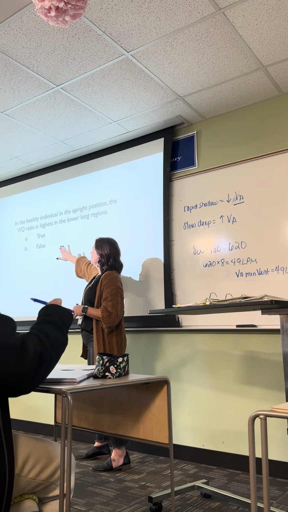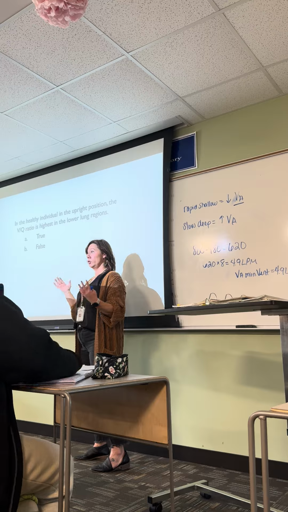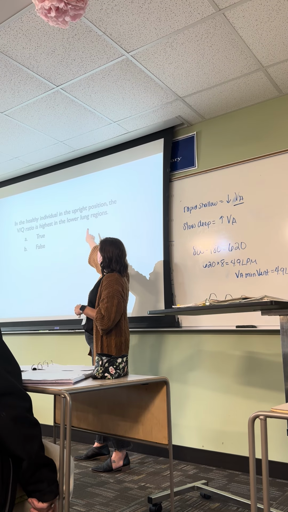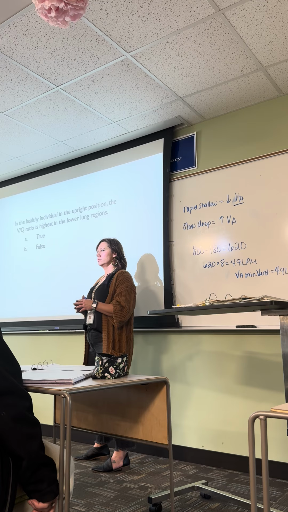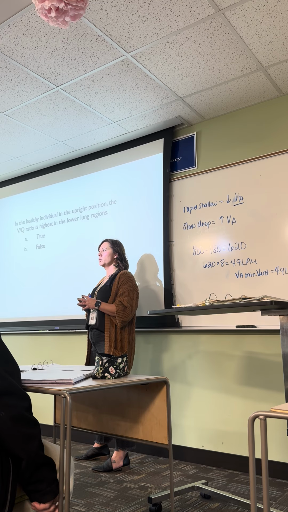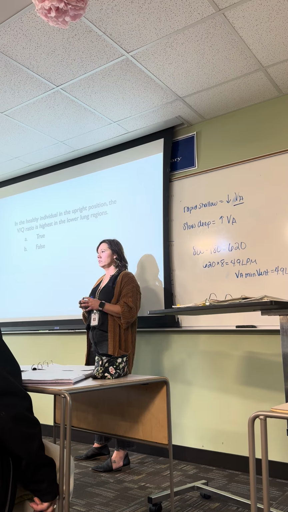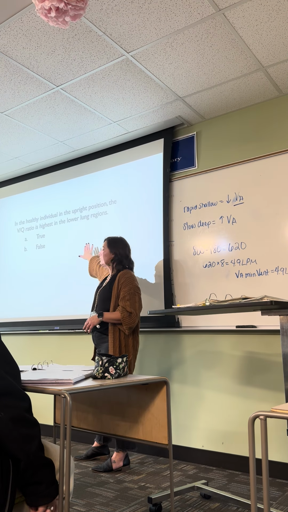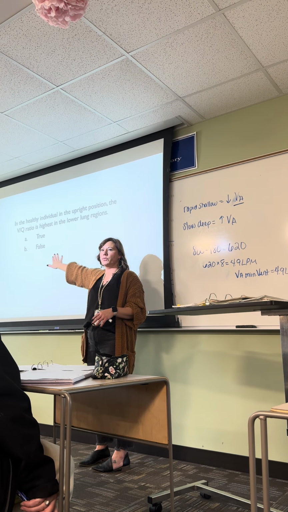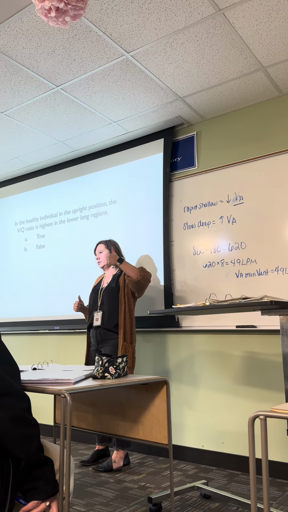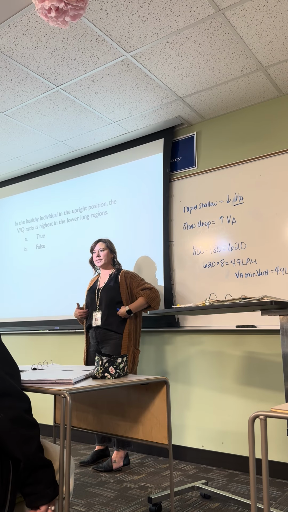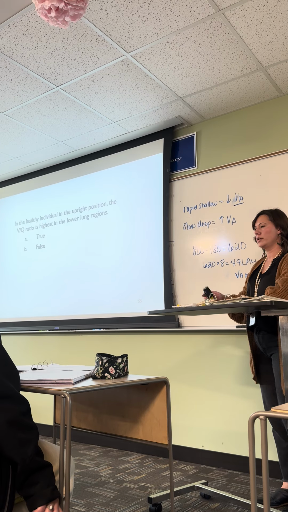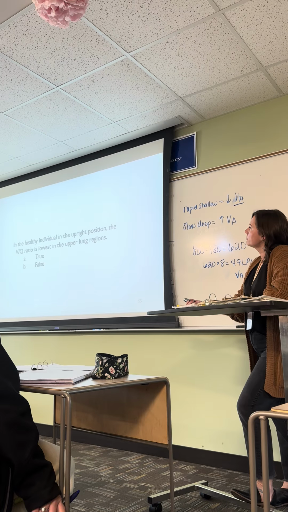The VQ ratio is highest, meaning greater than 1, in the lower lung regions? What's going on in the lower lung regions? We have a shunt effect, right? A high VQ ratio means more ventilation than perfusion, and it's perfusion that's happening down here versus ventilation, okay? I know that was kind of a tricky one.